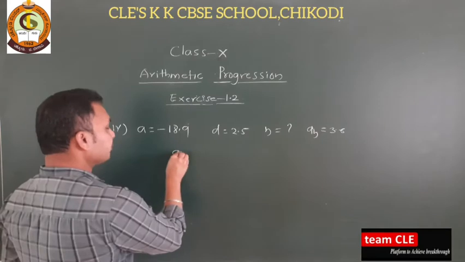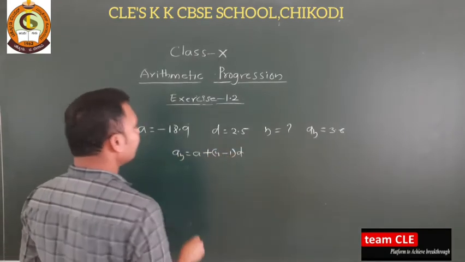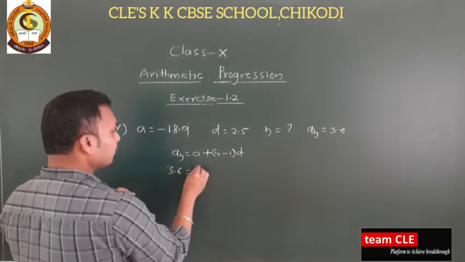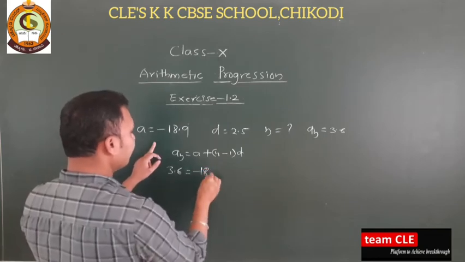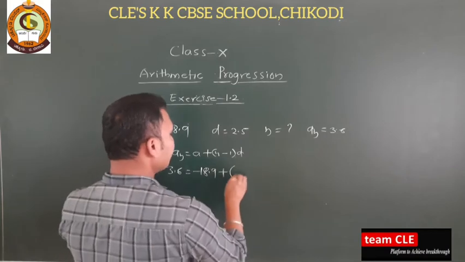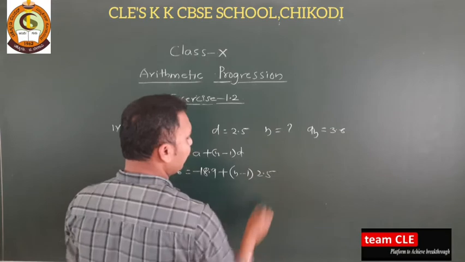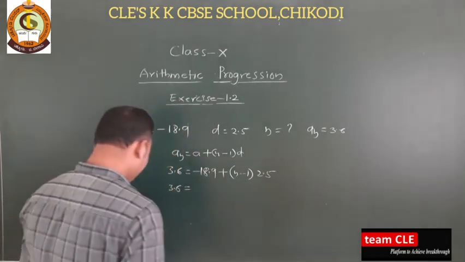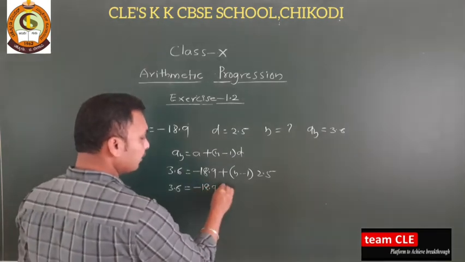Now substitute an is equal to a plus n minus 1 into d. So an we have 3.6. So a we have minus 18.9 plus, now n we need to find, minus of 1, and d we have 2.5. Now 3.6 as it is. Next, see this minus 18.9 is also as it is.